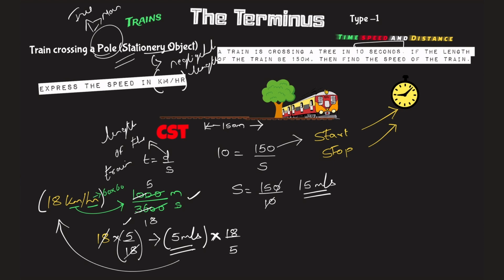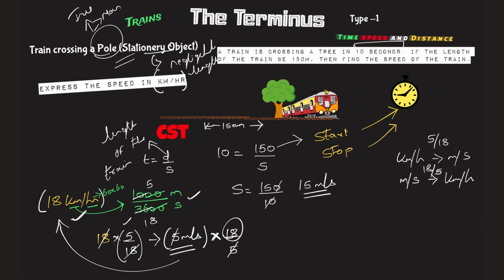That's quite clear now. This 5 gets cancelled. I get the answer as 18. Correct. So kilometer per hour to meter per second, multiply by 5 by 18. And if the reverse is asked, meter per second to kilometer per hour, multiply by 18 by 5. And that's how the problem becomes easy.